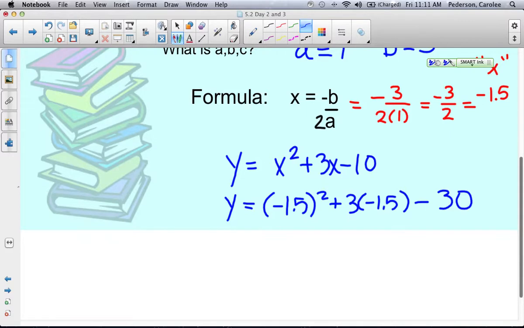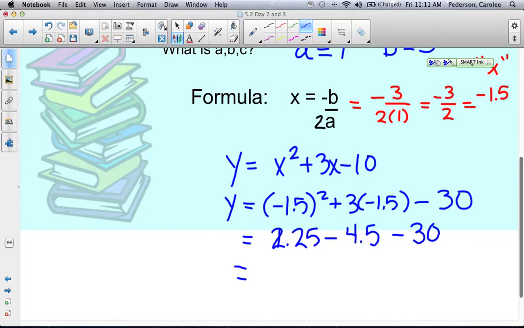So negative 1.5 times negative 1.5 is 2.25. Three times negative 1.5 is negative 4.5, and then minus 30.